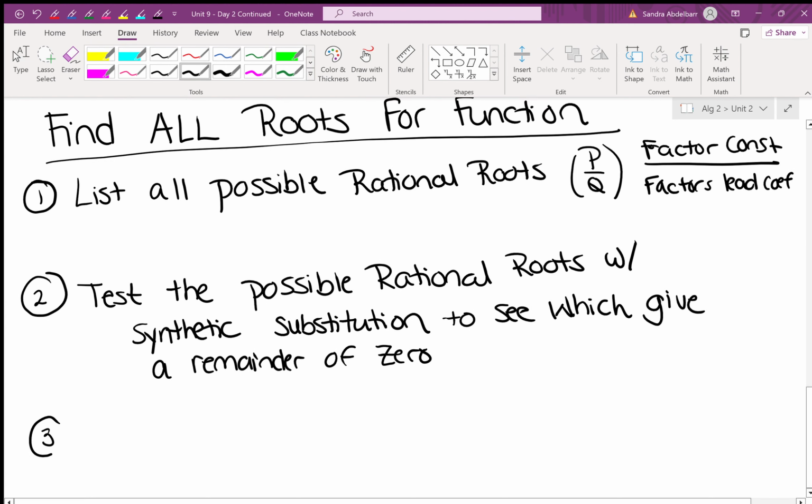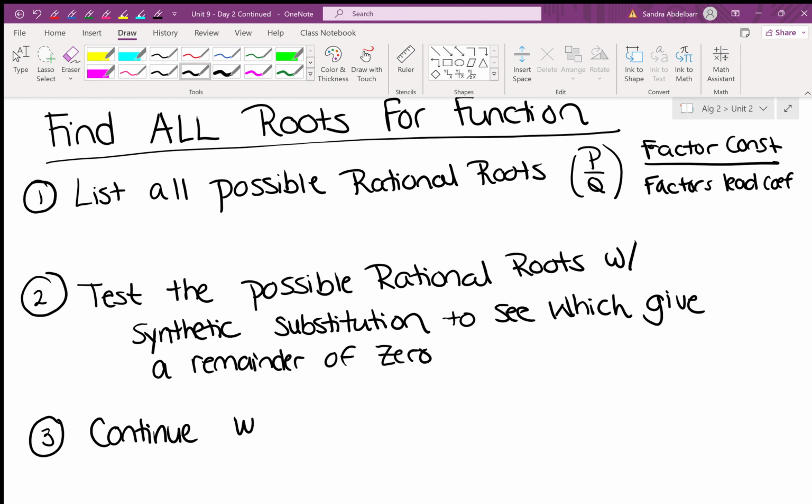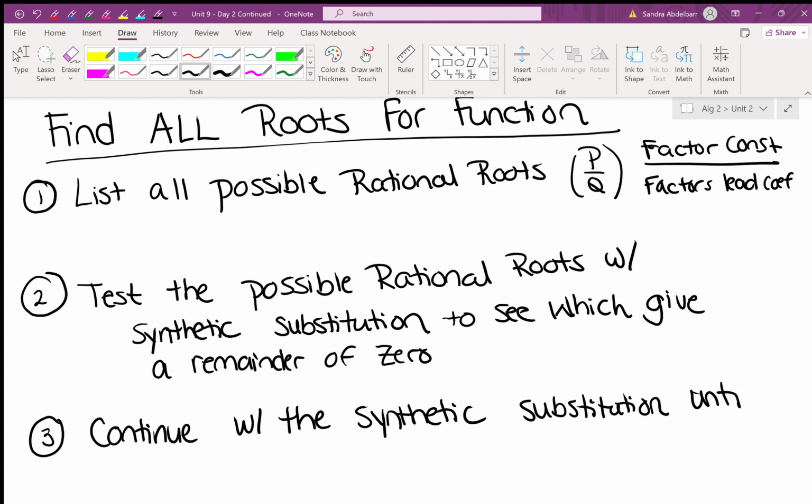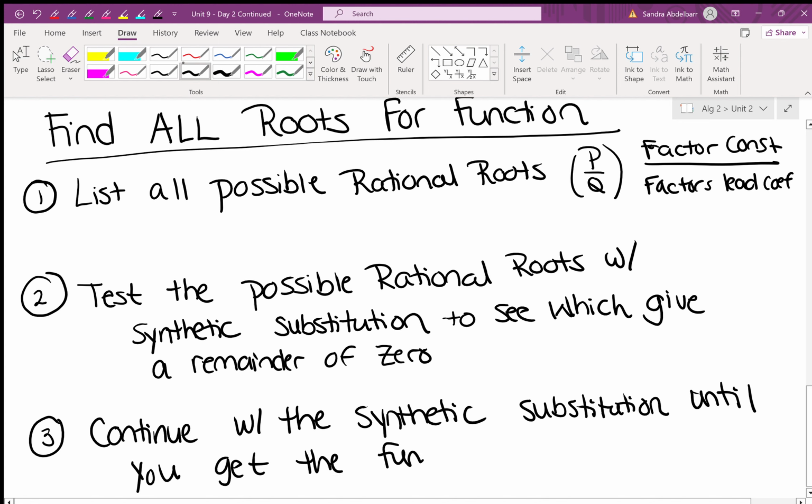Then we're going to continue with the synthetic substitution until you get the function to a degree of 2.